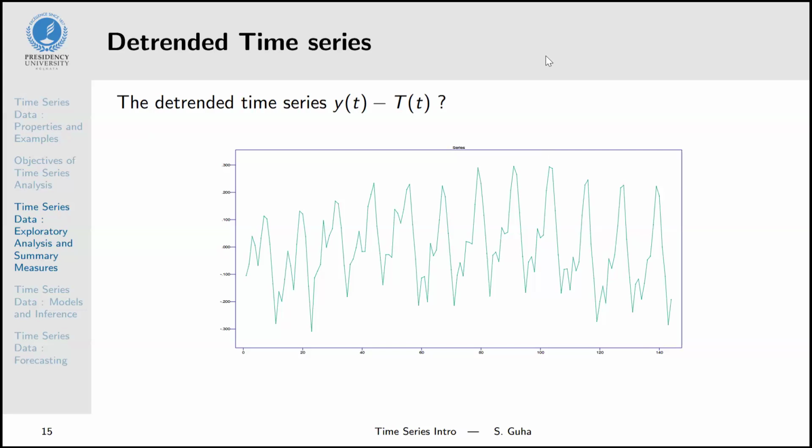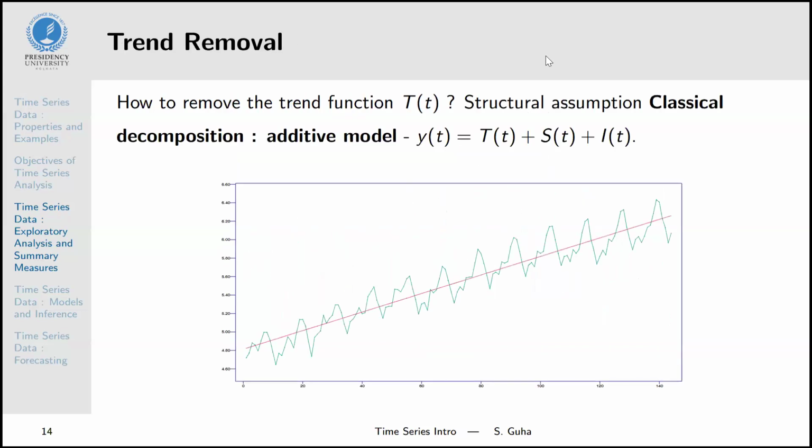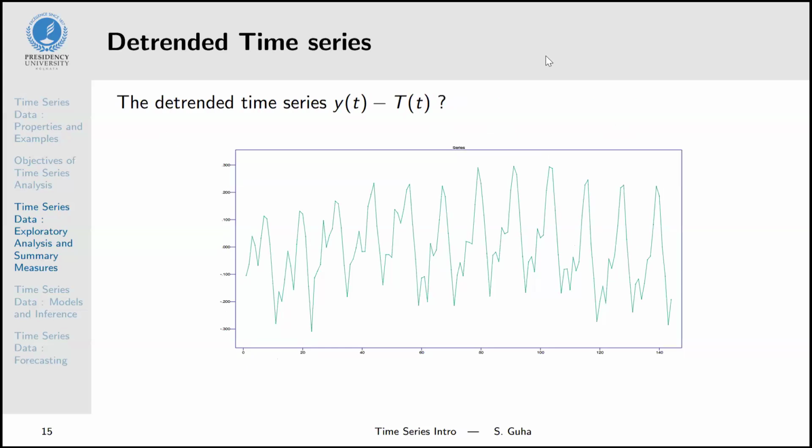And what is this detrended time series? It is basically these two parts, the seasonal part and the irregular part. The irregular part means the part that we cannot explain as seasonality. There may be many other uncontrollable factors that are playing their role, and those are included in the irregular component.